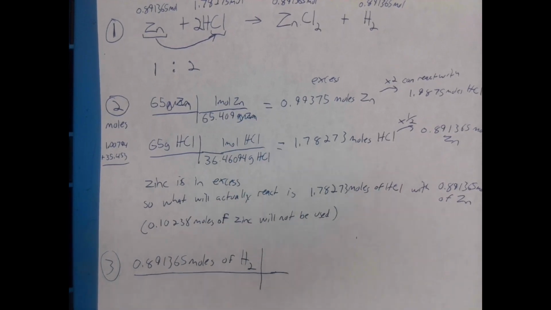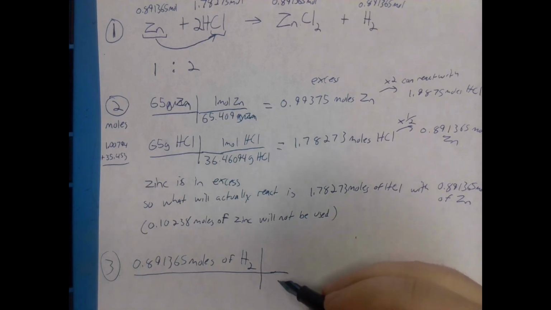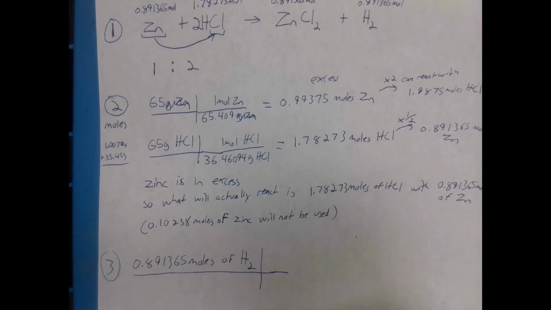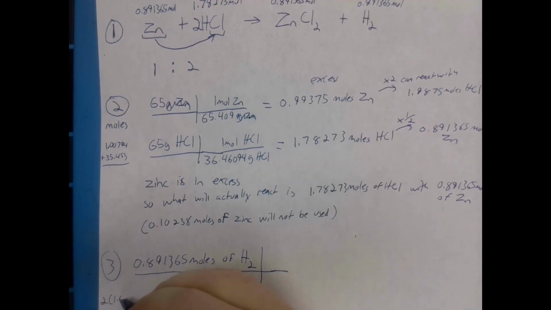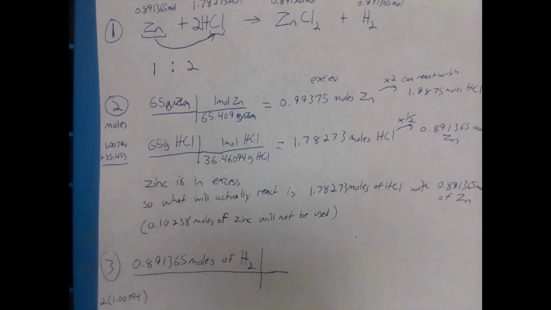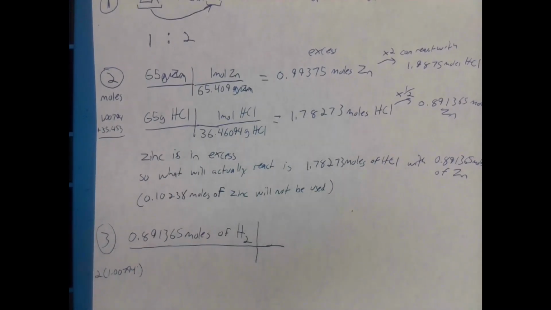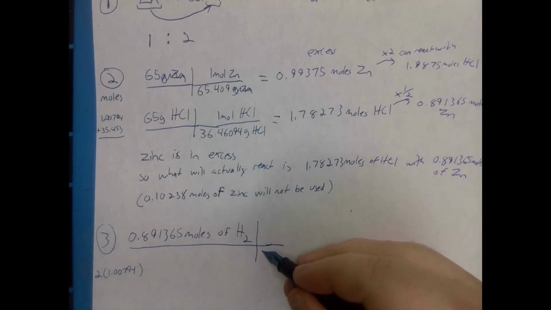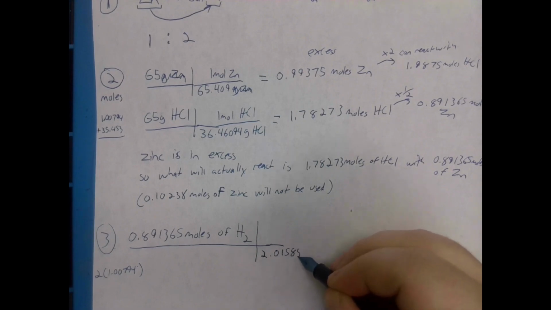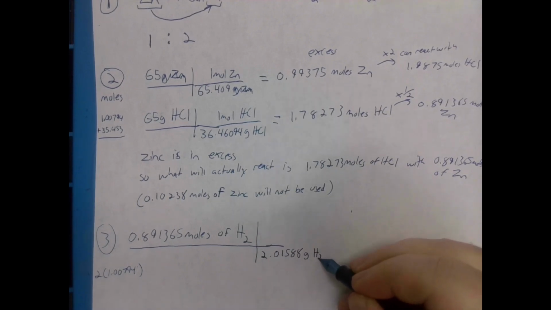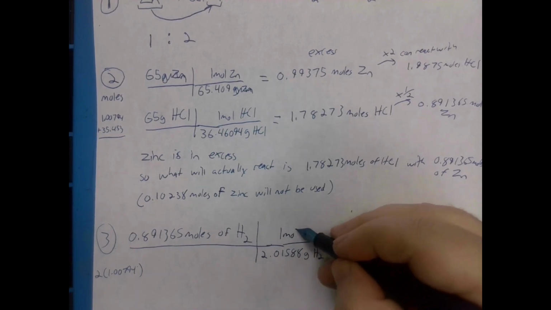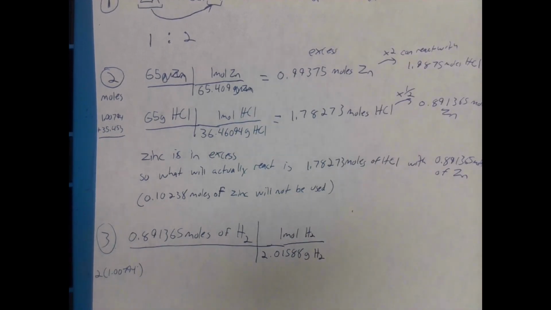And the question asks how many grams. So we know the molar mass of hydrogen gas, H2, will just be 2 times 1.00794. So 2.01588 grams of H2 is 1 mole of H2. And that is not the correct conversion because it's moles to grams.